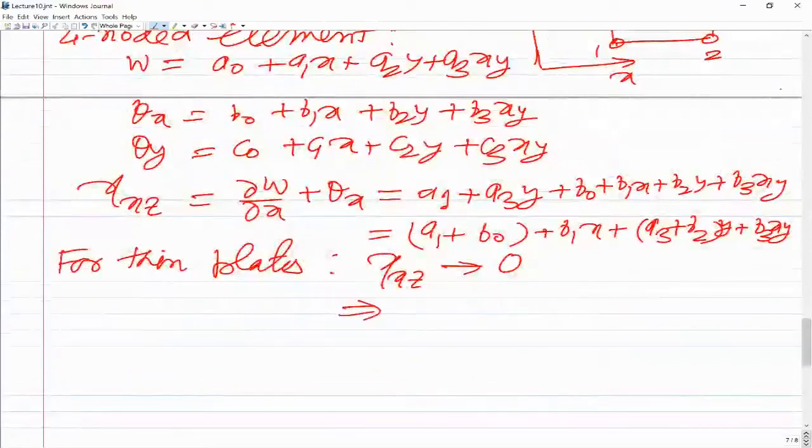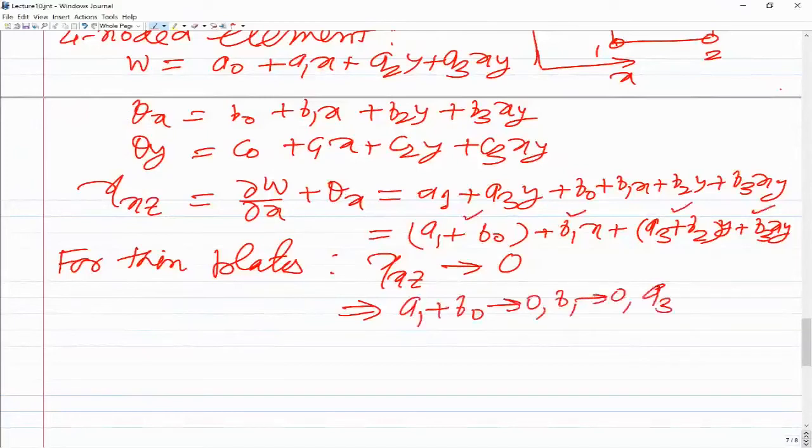So that means the constant term has to approach 0, the term linear in x has to approach 0, the term linear in y has to approach 0, the term bilinear in x and y has to approach 0. So that will give you the conditions that a1 plus b0 approaches 0, b1 approaches 0, a3 plus b2 approaches 0, and b3 approaches 0.